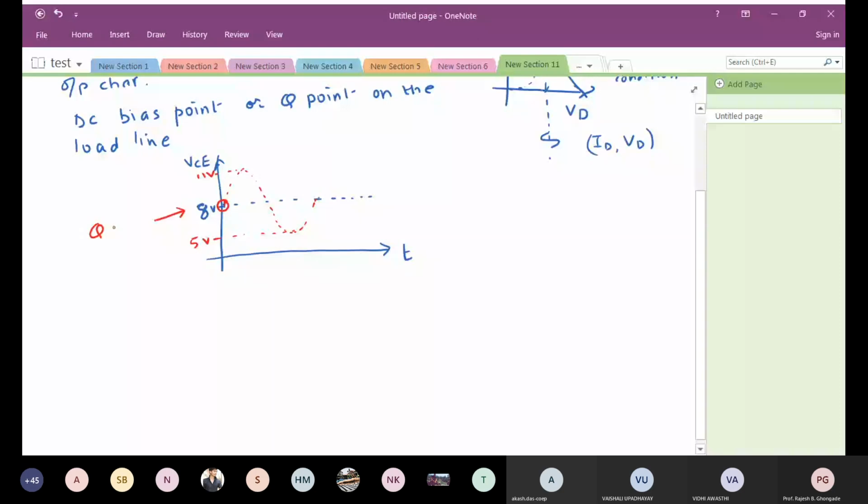Whatever was the voltage VCE and whatever was the collector current flowing at that time constituted the Q point. So this is IC and that was VCE. In this case, I think the Q point was 1 milliampere and 8 volts.